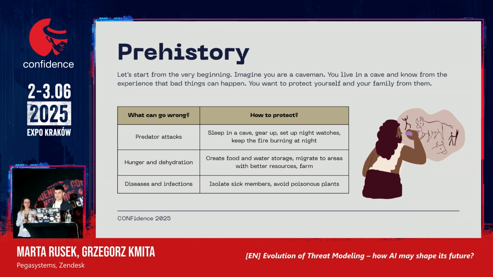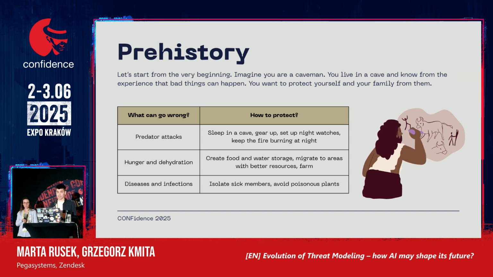So the history of threat modeling brings us years ago to prehistory when people were just living in the caves. So imagine you are a caveman and you want to protect yourself from threats that might happen. And you naturally think of what can happen. So a predator, a wild animal can attack you.